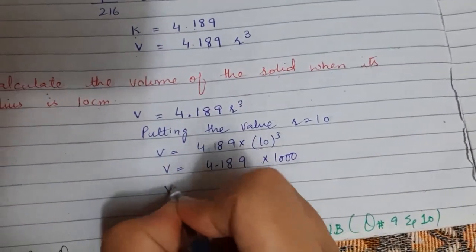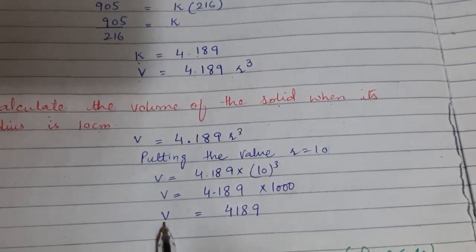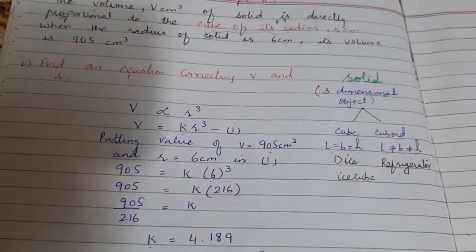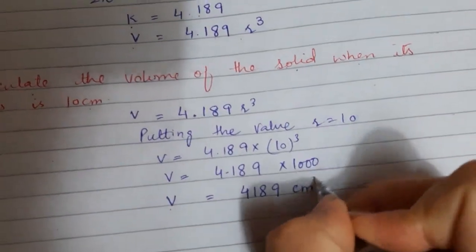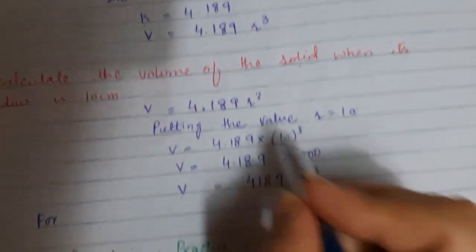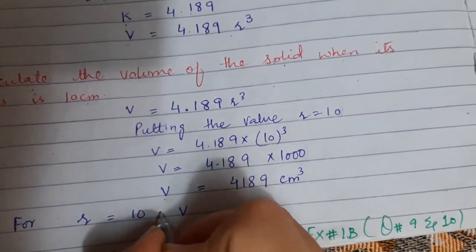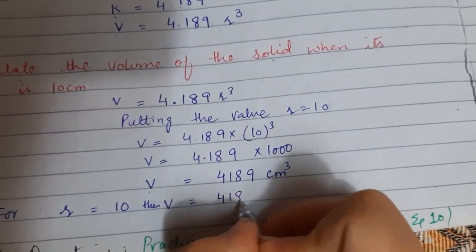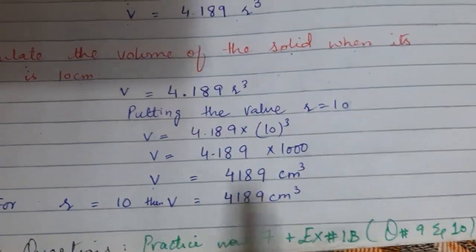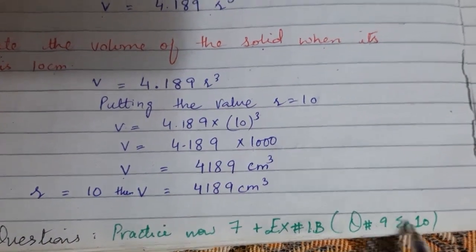We will get the value of V, which is equal to 4189, and what will be the unit of our volume? Centimeter cube. So for r equal to 10, V is equal to 4189 centimeter cube.